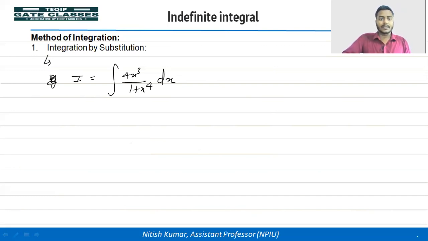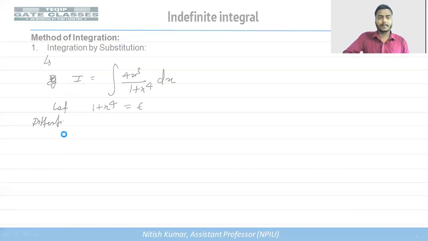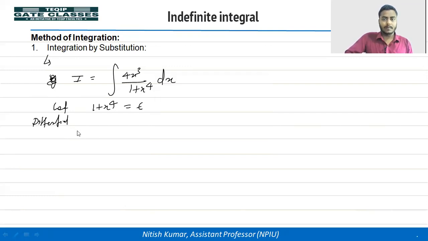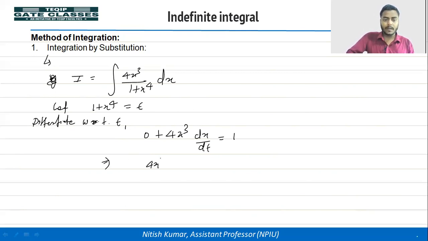In this case, let 1 plus x to the power 4 be equal to t, and then differentiate with respect to x: 0 plus 4x cube. So 4x cube dx equals dt.